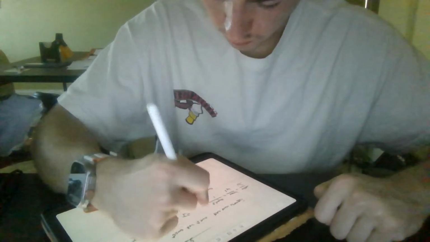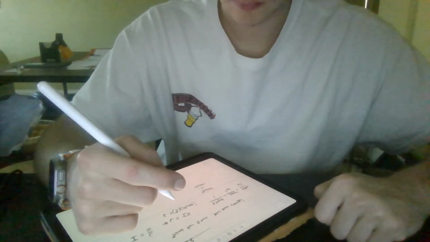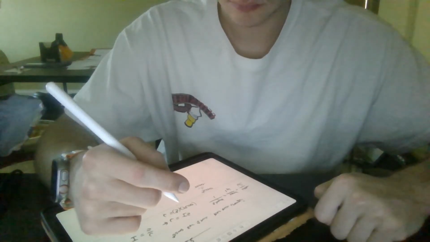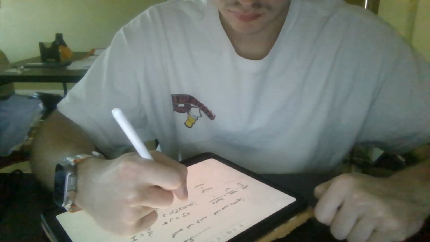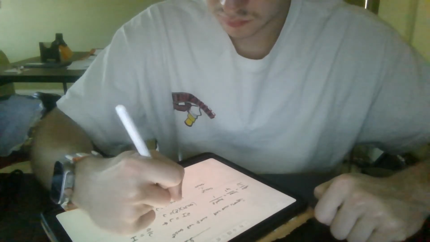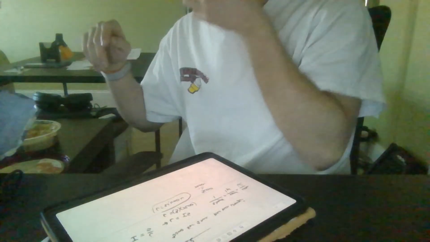So now let's plug that into this equation. We've got 3 amps, and we've got coulombs over 7,200 seconds. 7,200 times 3 is going to be roughly 21 something. 3 times 7 is 21, and then we can estimate the rest of that as 21,000.